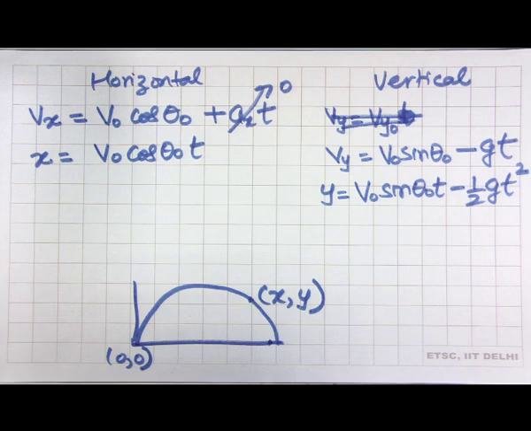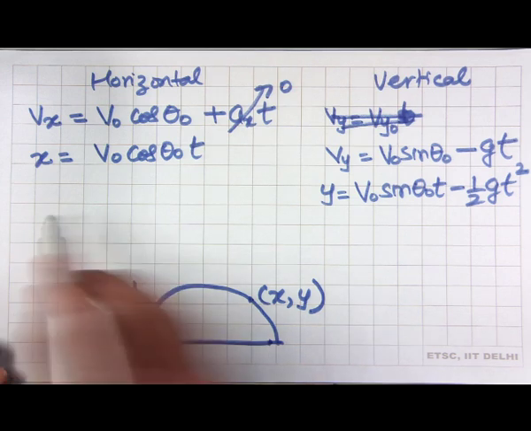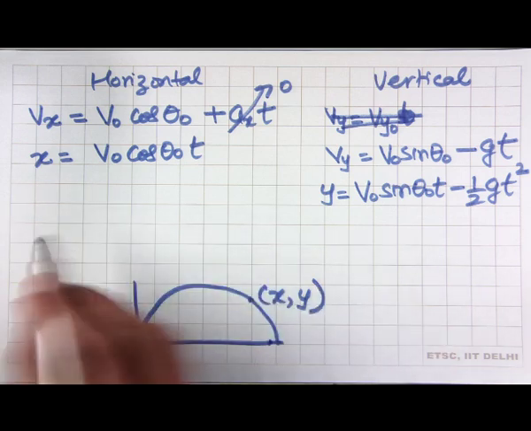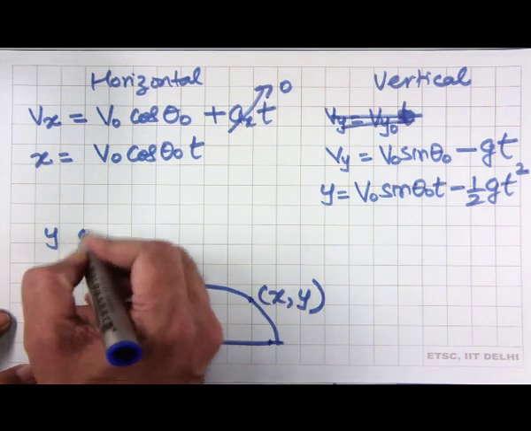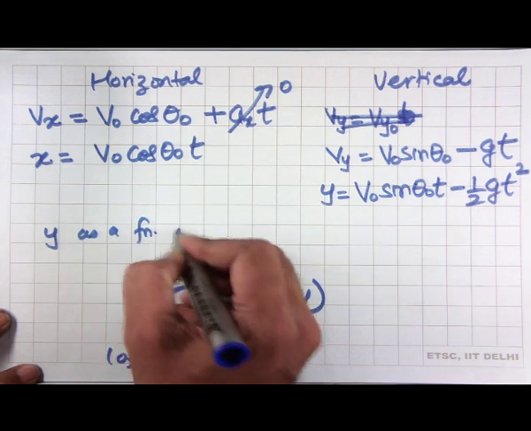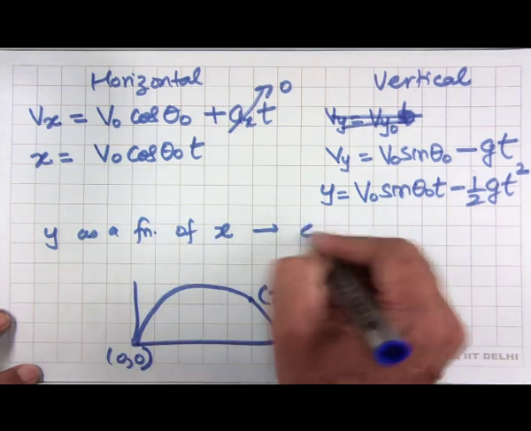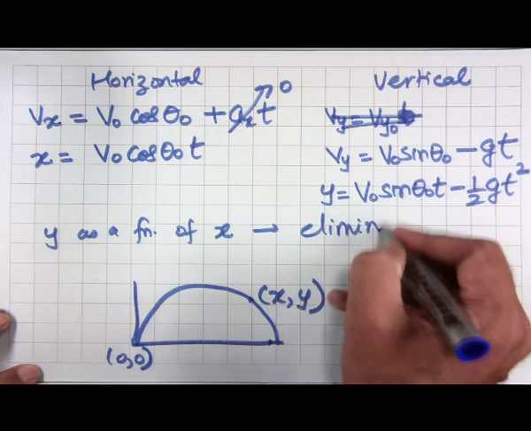From these 2 equations, we got the equation of the path by writing y as a function of x, and this we got by eliminating time.